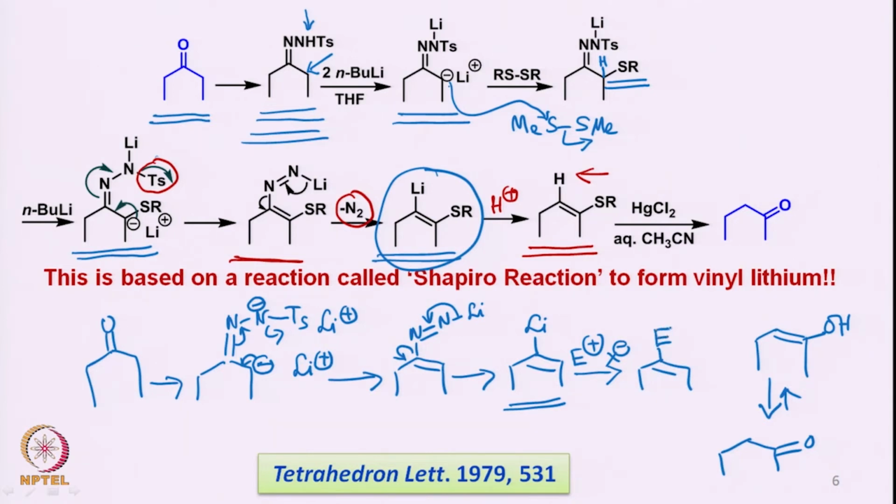So this is what is called the Shapiro reaction. So basically the method that I introduced on the top is nothing but an application of the Shapiro reaction for the conversion of one ketone to transpose it into the second position.